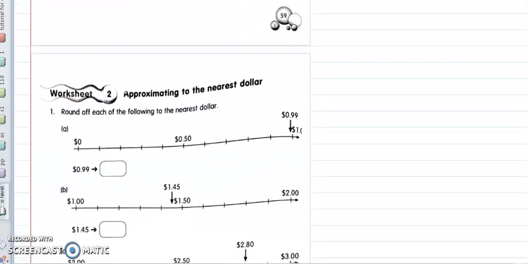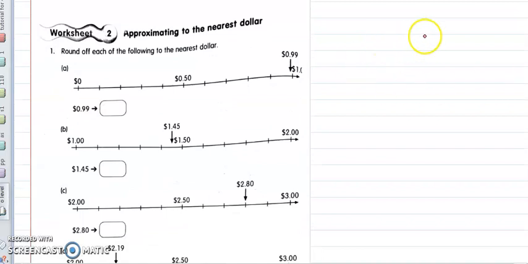Okay, after that comes rounding to the nearest dollar. When we round to the nearest dollar, keep in mind if after the decimal we have 0.1, 0.2, 0.3 or 0.4, we will round down.